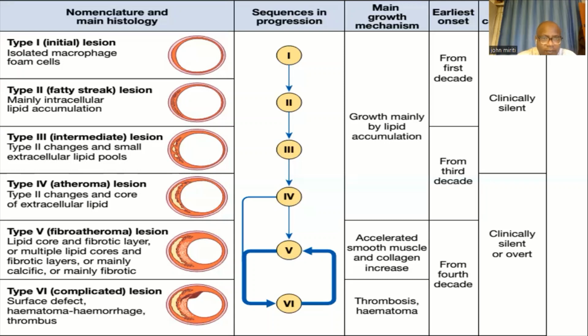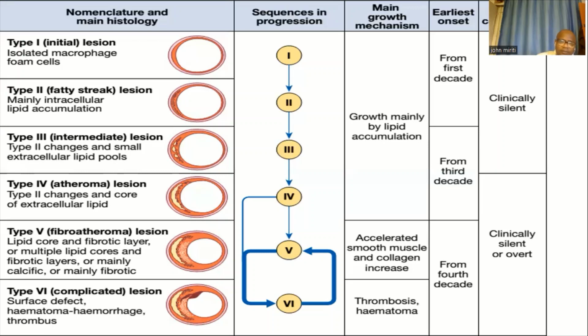So also we have stage 4, which is called atheroma lesions. In this one there is a deposition of atheroma inside, and this one can also be either clinically silent or have some symptoms. It also happens from the first decade to the third decade. Then we have number 5, the fibroatheroma, where fibrous tissues have started becoming deposited because of the healing process.